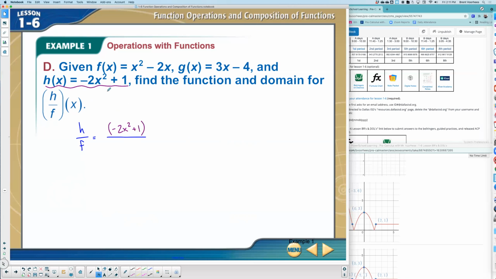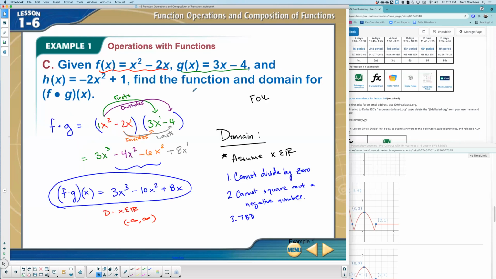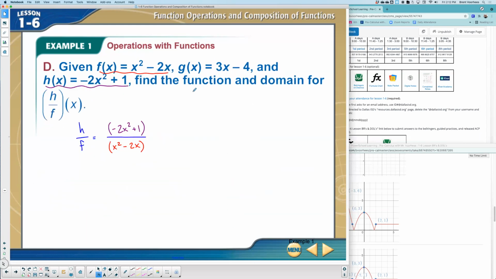And the f was x squared minus 2x. This g over here, that's just an extra. I'm not using it on this problem. But all the problems we've been given all three equations.